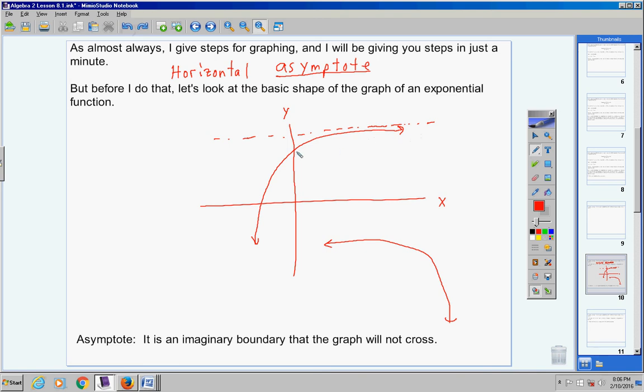It's crazy. Let's say we have 1, 2, 3, 4, 5. Let's say the horizontal asymptote was at 5 right here. Well, that means this graph will go like 4.9, 4.99, 4.999, 4.99999, 4.9999999, but it will never, ever get to 5.